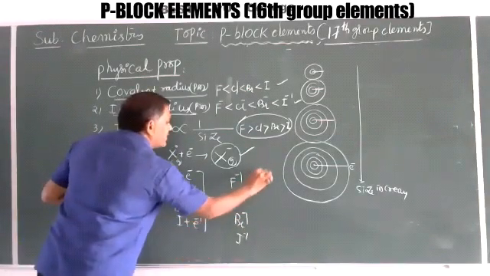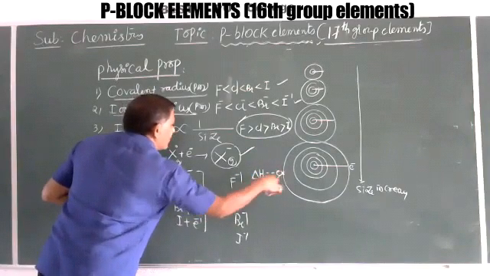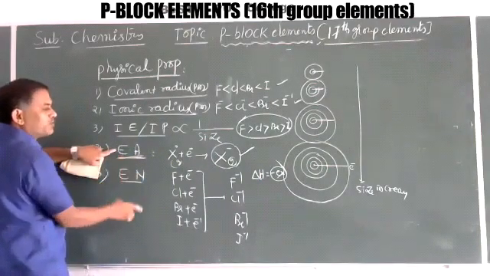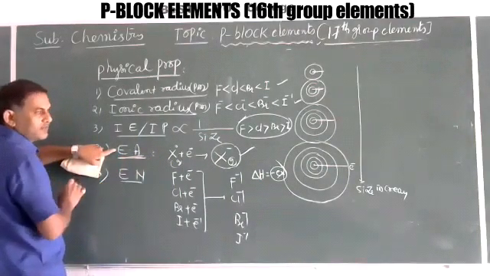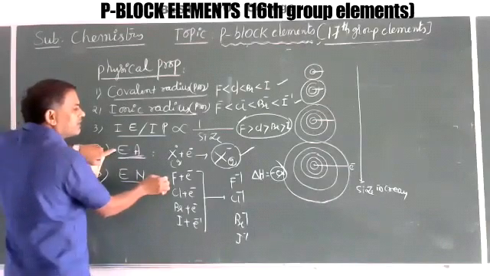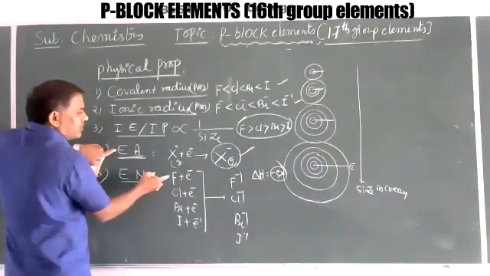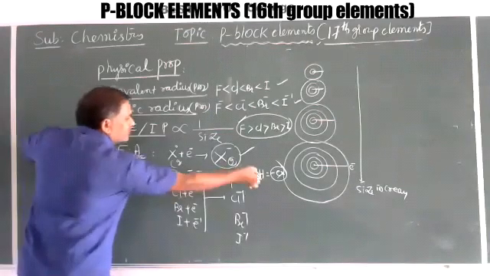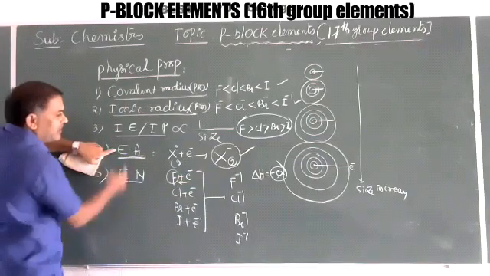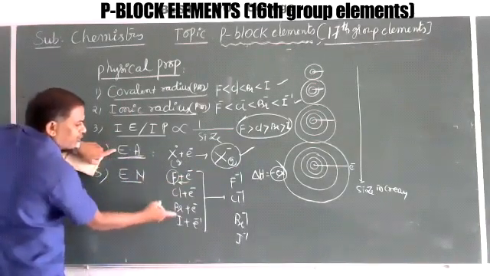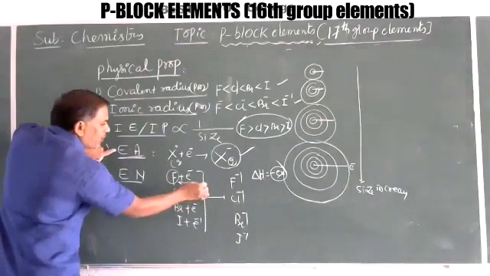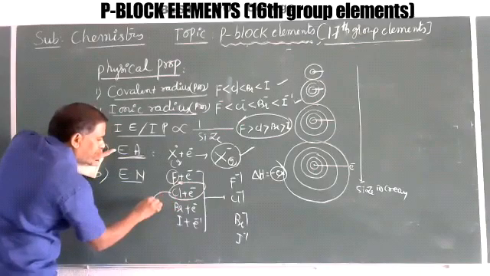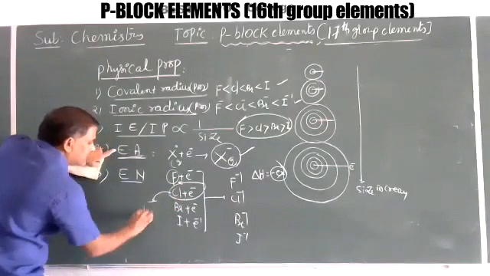Heat is liberated, so it is an exothermic reaction. Generally electron affinity increases from top to bottom, meaning smaller atoms are ready to accept electrons and more energy is liberated. But in this case, particularly in each and every group, the second element has the highest electron affinity among all known elements.